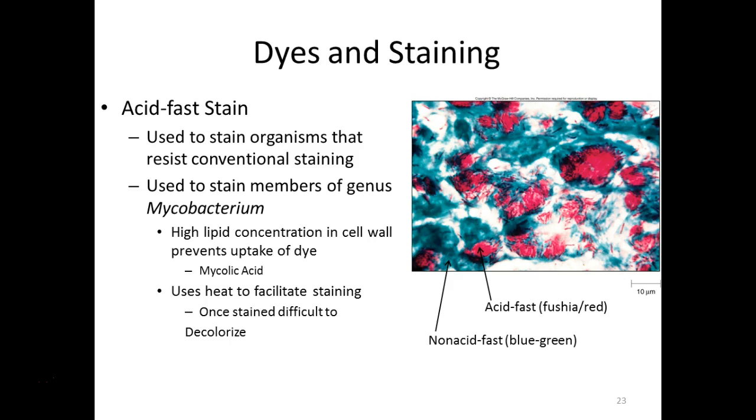So acid, referring to the fact that we're using acid, and fast as in it stays, not as in going fast. So then they use another dye to stain the non-acid-fast or the acid-fast negative cells. Those guys are decolorized by the acid alcohol.